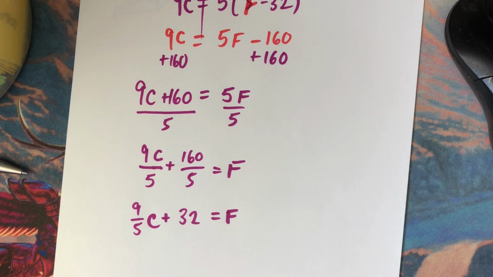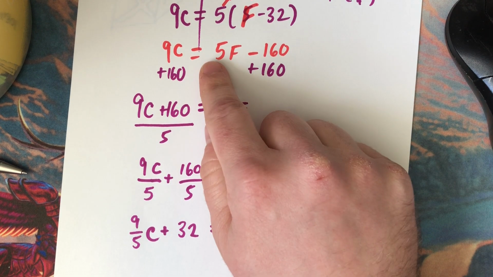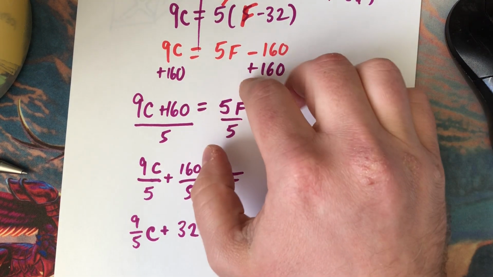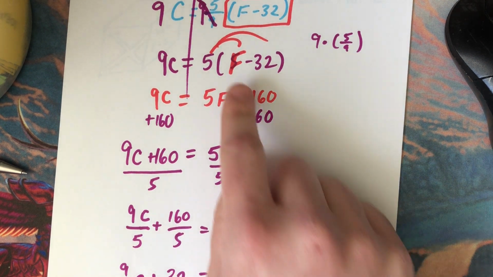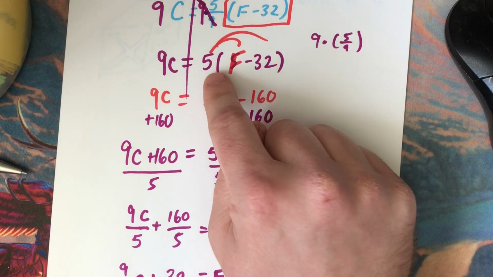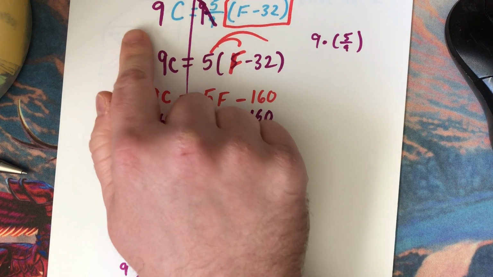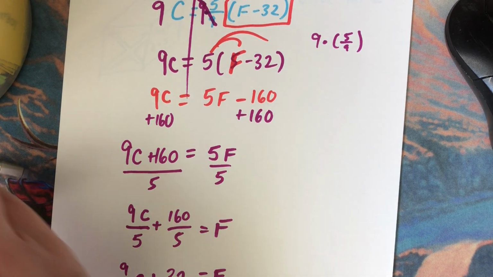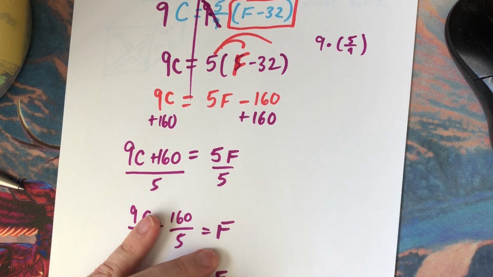Key things to make sure you understand is that if I have something like 9c equals 5f minus 160, we have to be able to add and solve from there, just like we did before. And you also have to know how to distribute. That first clearing the fraction step, if that tripped you up, we don't do that a ton, but it is a trick that we can use.